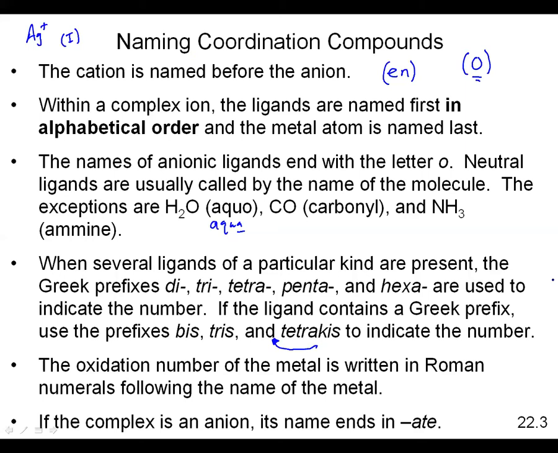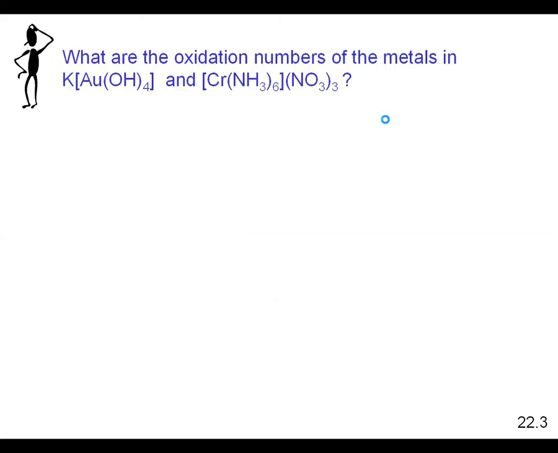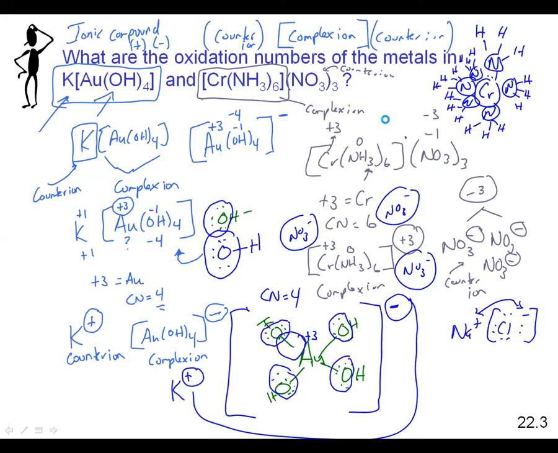Now, lastly here, the complex ion, if it is negatively charged, just the complex ion part. So if we go back real quick and take a look at those ones we were scribbling around here, when we look at each of these coordination compounds, we see that, as we talked about, the one on the left is a negative complex ion, and the one on the right is a positive complex ion.